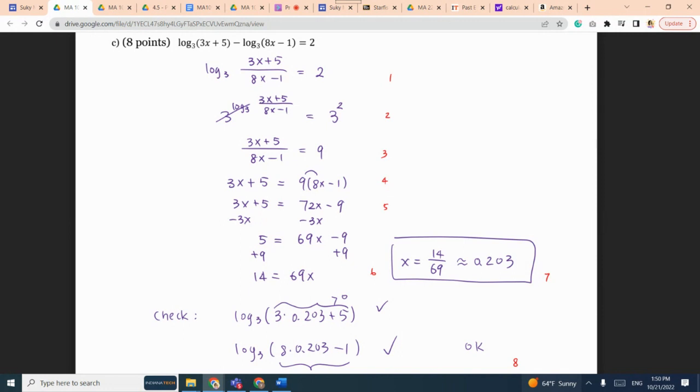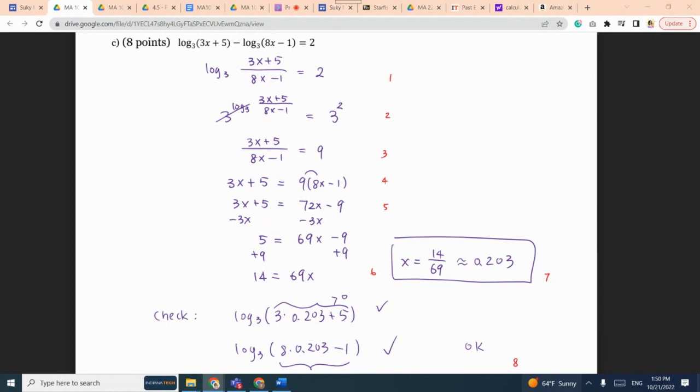So the division must be inside the log. That's why I say if you have a mistake book, write down the common mistakes, and before the exam, you can look at the mistake book and remind yourself, don't make this mistake again, be careful, calm down. Okay, everybody?